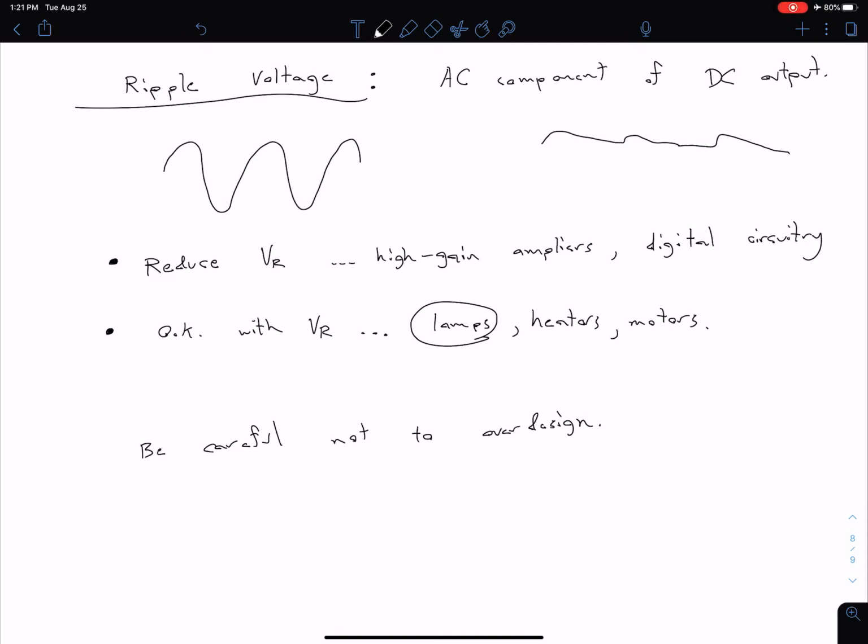So we wouldn't want to spend a lot of money to include some component in our circuit that reduces our ripple voltage if we're designing it for a lamp. Even if we're talking about a high gain amplifier, maybe we only need to reduce it to a certain point. So we don't want to go overkill to the point where we're wasting resources to reduce that ripple below what it needs to be.